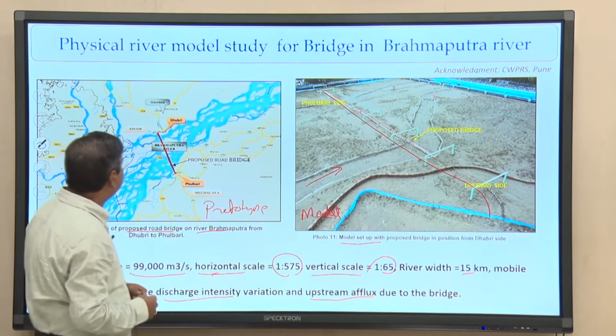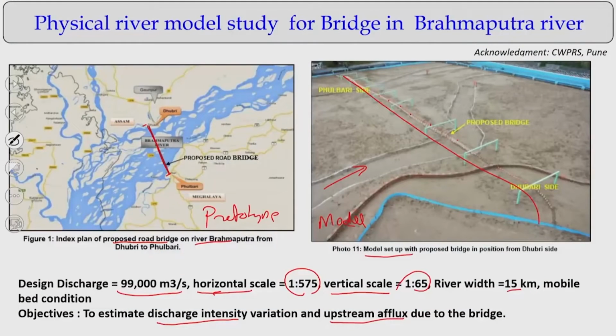For example, if you look at these rivers, the length of the river can be in terms of 100 kilometers, the width is 15 kilometers, and the depth of flow will be a maximum of 30 meters.